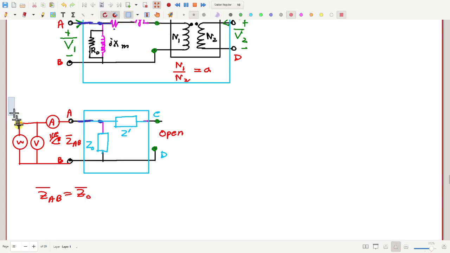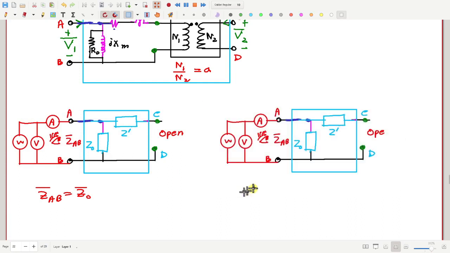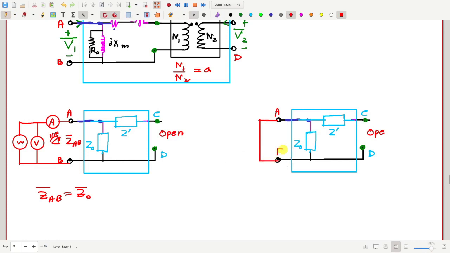Now similarly, can I somehow get Z prime? Any suggestion? There may be many possible ways. One possible way is this: I short A and B and measure the impedance ZCD, seen from here.